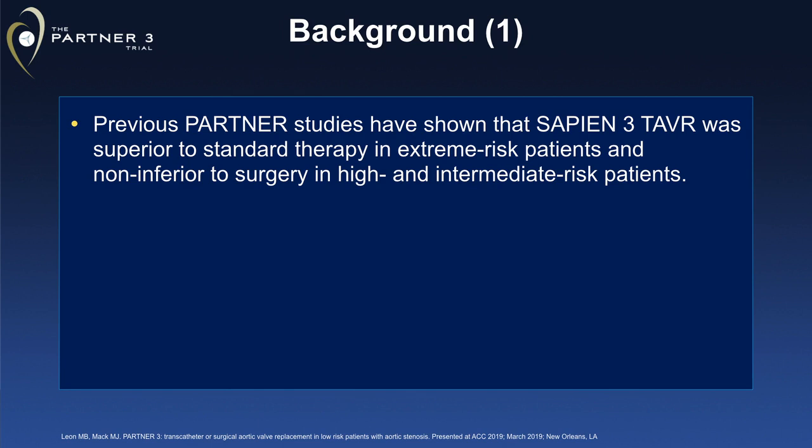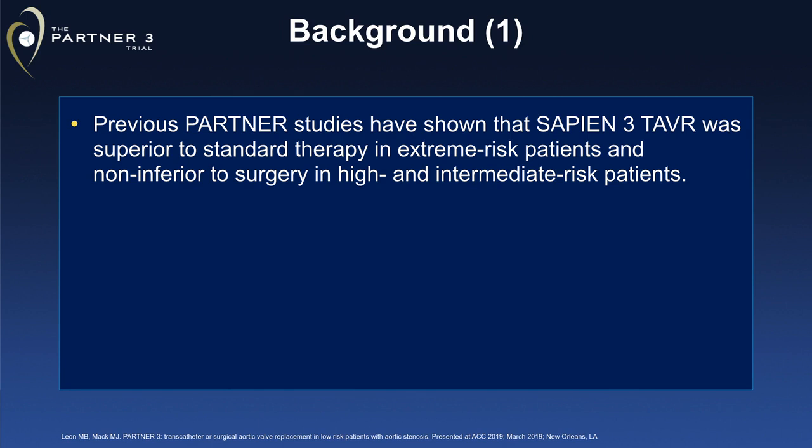To qualify that, extreme risk patients were too high risk for open heart surgery, and there is no medical therapy, so standard therapy essentially means no therapy. TAVR is the term we use for transcatheter aortic valve replacement, the minimally invasive approach to replacing the aortic valve. So TAVR was superior for patients that were not candidates for surgery.